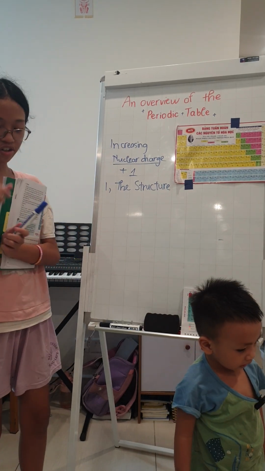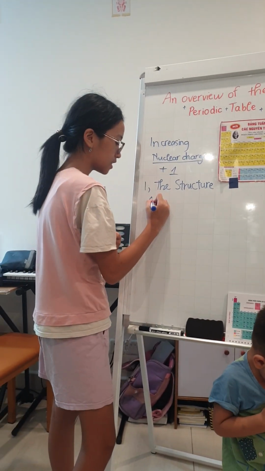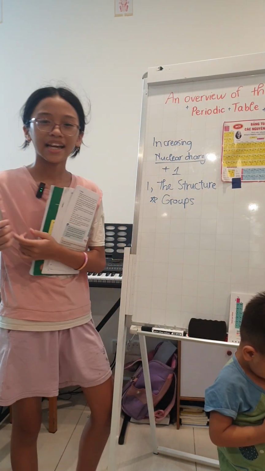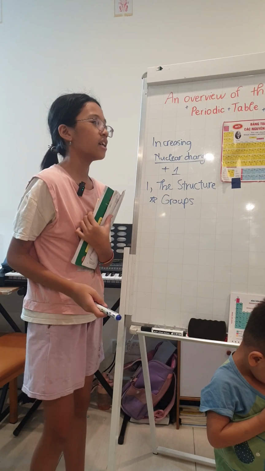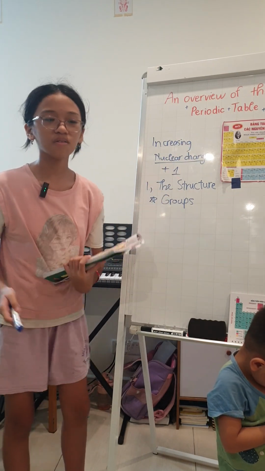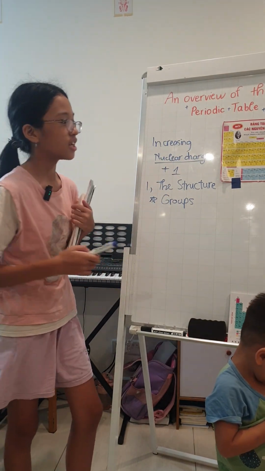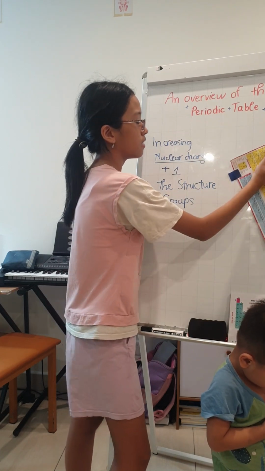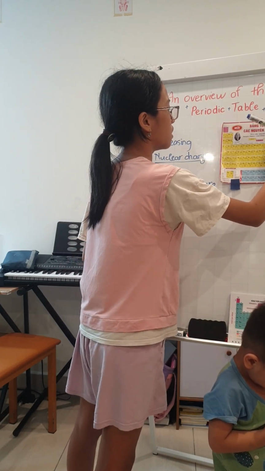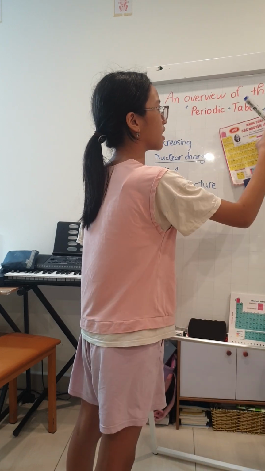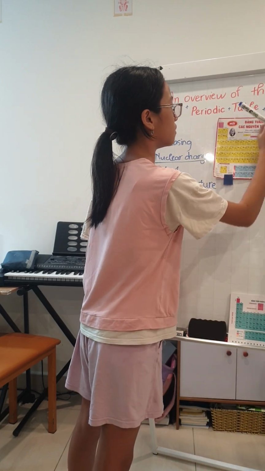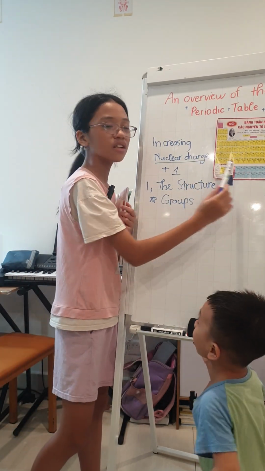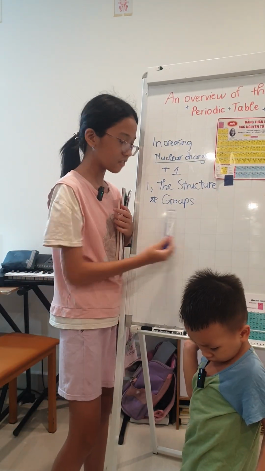The last kind of structure I want to show you today is groups. It's a little complicated, that the periodic table is not only arranged in horizontal rows, but the vertical rows also have meanings. They're really meaningful, not only the horizontal rows. All these vertical rows are called groups.